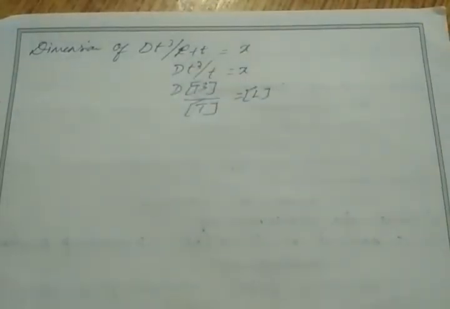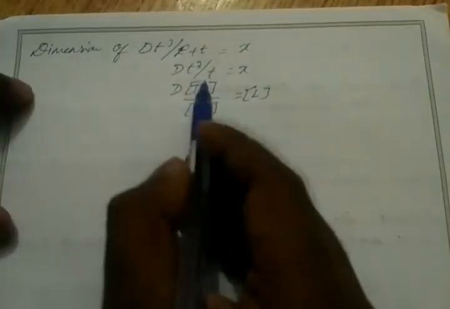So for time you put capital T. So T cube divided by T equal to L, correct? Then if this T and 1 T get cancelled, it will become DT square equal to L, and D equal to L T power minus 2.